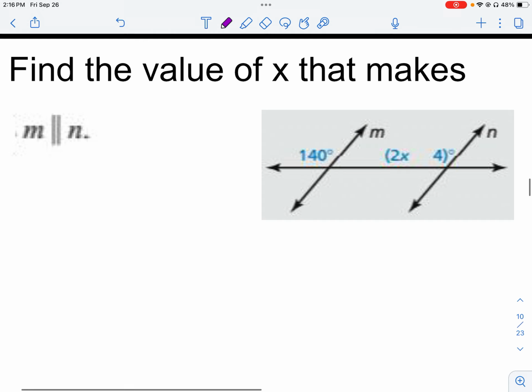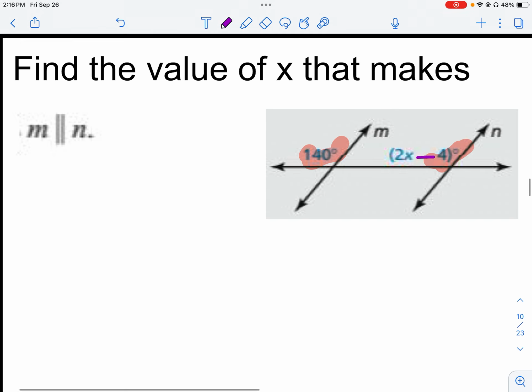So why don't you go ahead and take a stab at this one? Pause the video, solve it, and then restart, and we'll compare notes. All right, find the value of x that makes m parallel to n. Well, we've got corresponding angles.